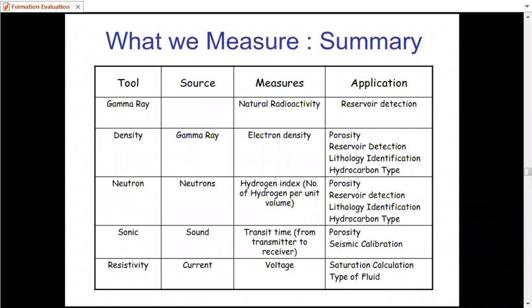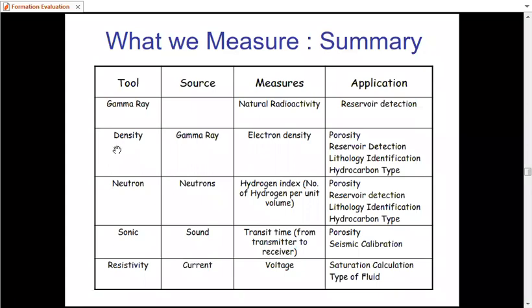This table will illustrate a summary for the most common types of open hole logs, starting from the gamma ray tool. The gamma ray tool measures the natural radioactivity, so it has no source here, and is applicable for reservoir detection.